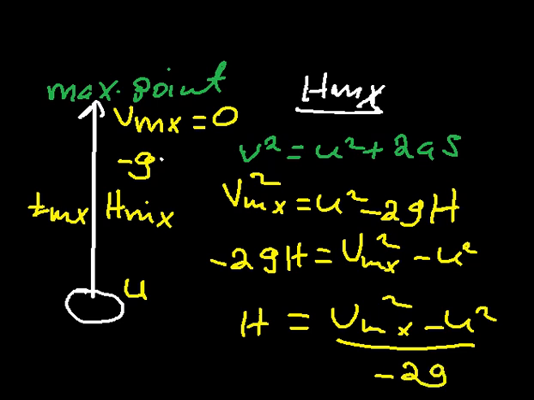That's the formula that helps you find the maximum height of the object as it is traced from the level ground to this point. So just have to know that.